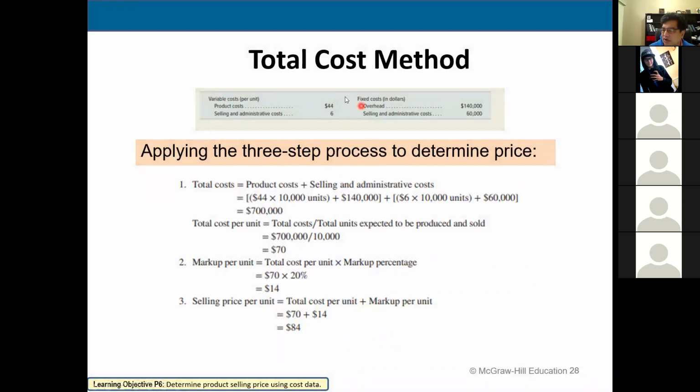So $50 per unit is the variable cost, and selling overheads are 60,000. Fixed production overheads are 140,000. So you added up all the cost per unit at $70. Suppose the profit margin is 20%. So you add that $14 to it to come to $84.